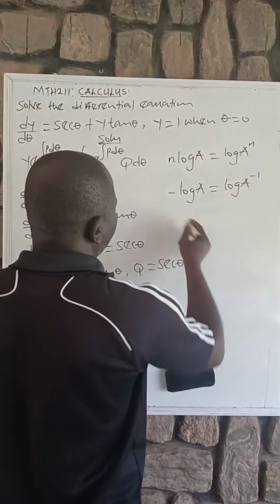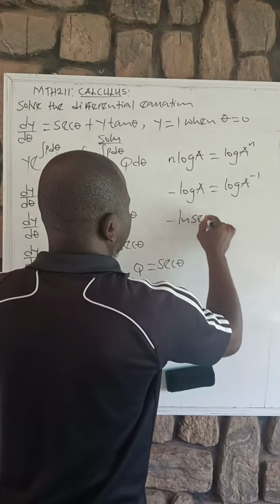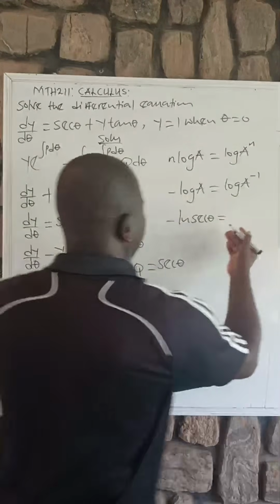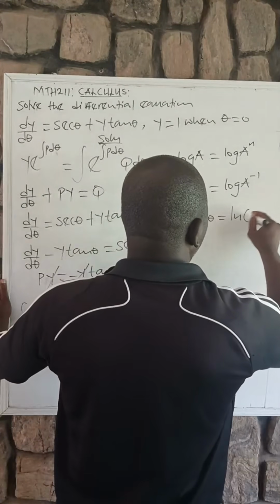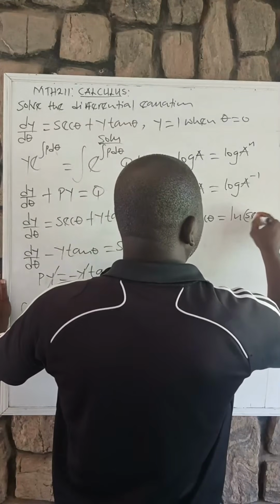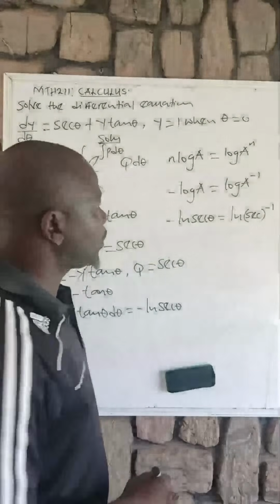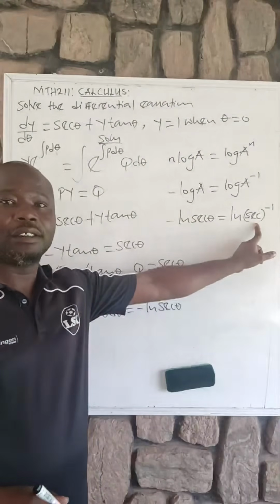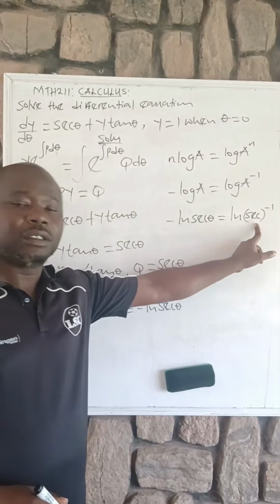So now we have minus ln sec theta. This is the same thing as, we can rewrite it in this form, ln of open brackets sec raised to the power of minus what? True or false?